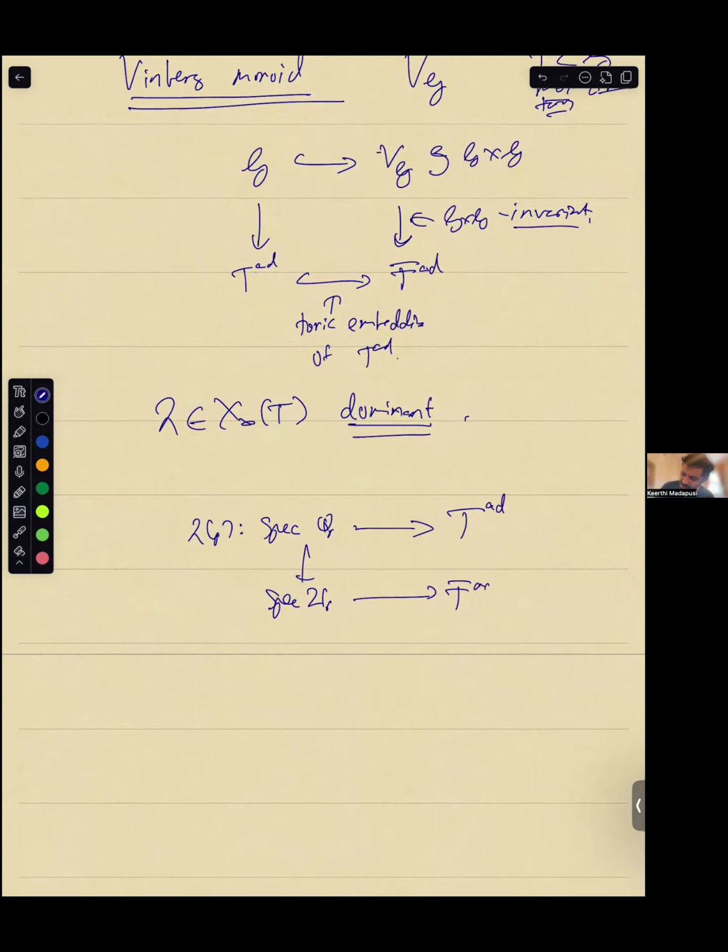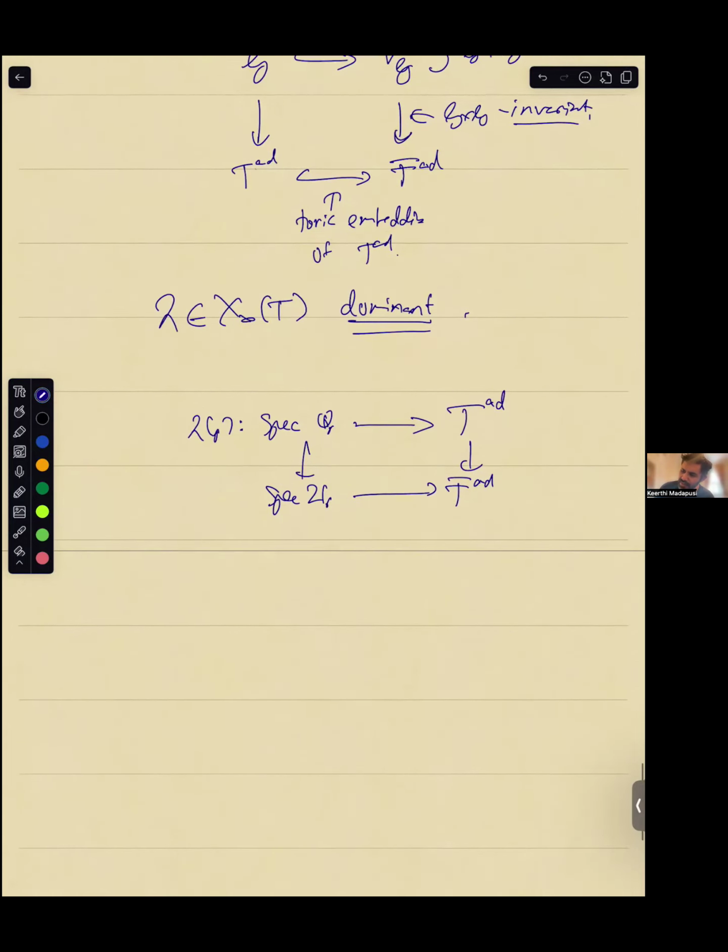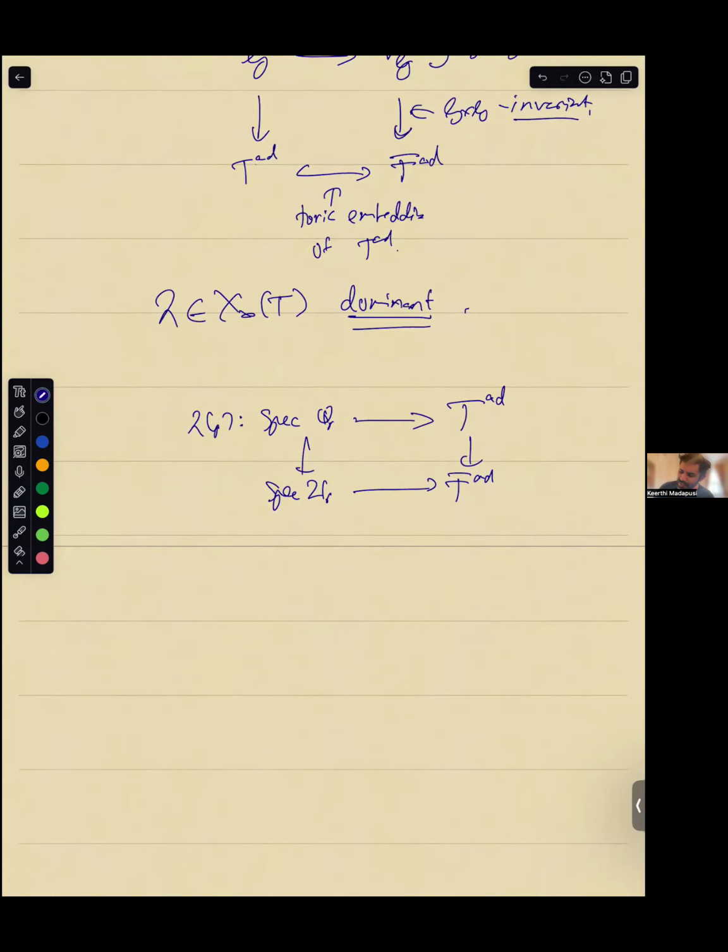It extends to a map here. And so here's the definition. I'm going to define V_G,lambda to be the thing that sits in the following Cartesian diagram.